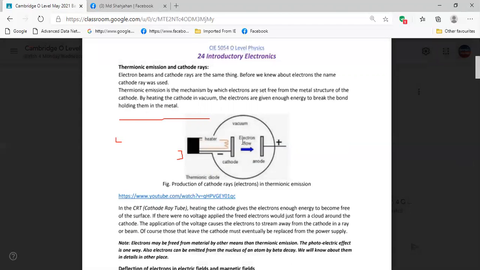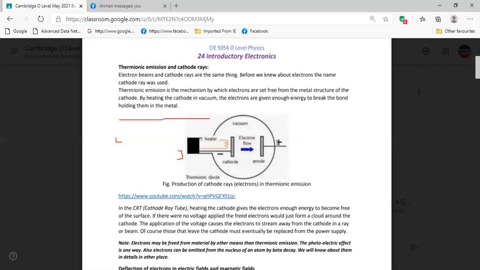So this high positive potential is attracting the free electrons, right? Those became free. So these free electrons will go together like a flow of electrons, an electron beam.